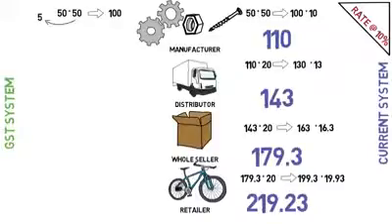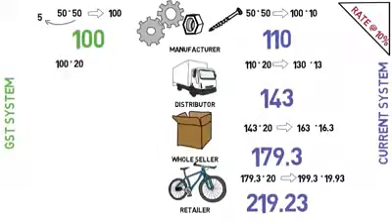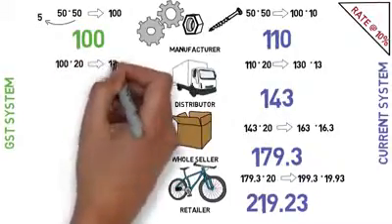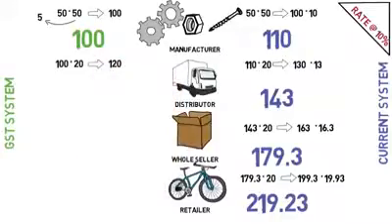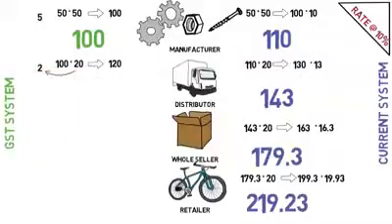But the selling price will not increase, and the cost of the product for the distributor is 100 rupees only. Then the distributor adds 20 rupees profit and the product becomes 120 rupees. He pays a tax of 2 rupees on his profit of 20 rupees.